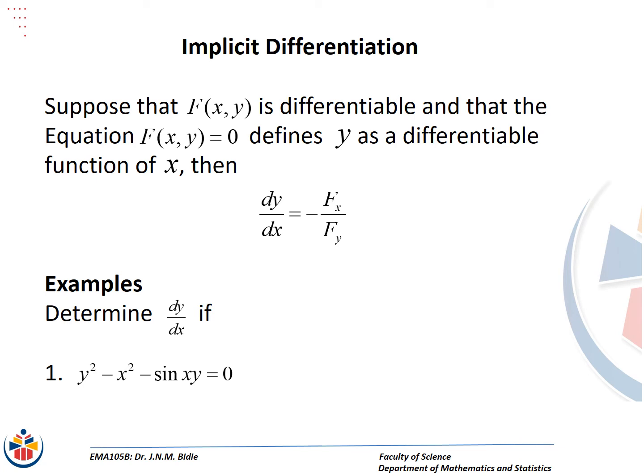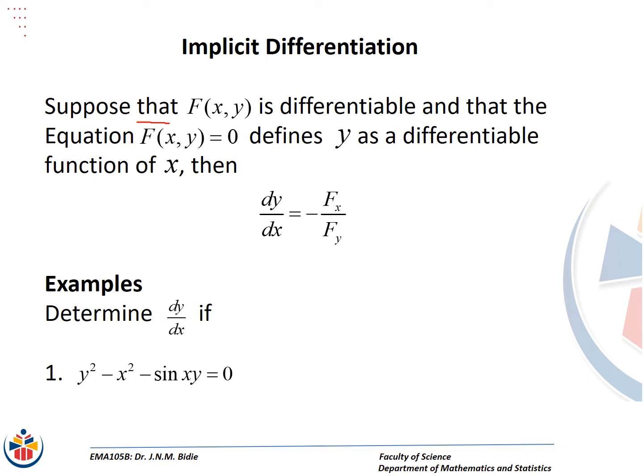Now we get to implicit differentiation using partial differentiation. We do it differently compared to what we did for total differentiation. Here, the first thing that we ought to do is to make sure that the formula or the expression given is in standard format.